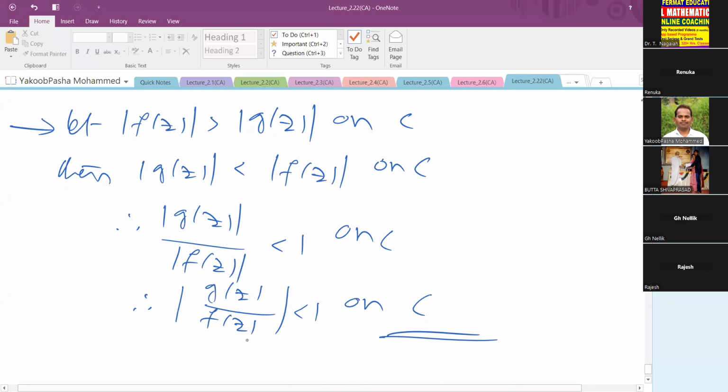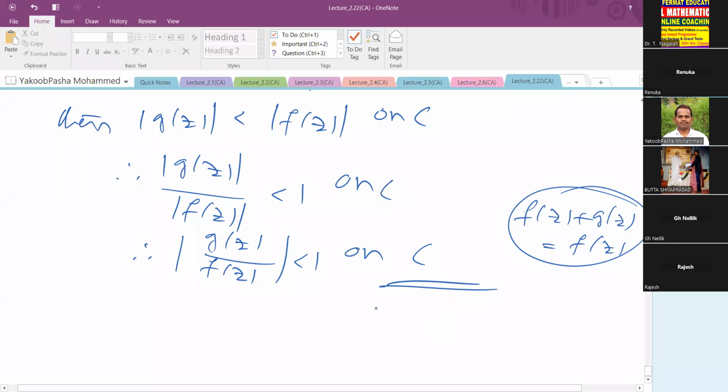Modulus of g of z by f of z is less than 1, or otherwise the other condition is modulus of f of z by g of z is less than 1. In the first case, we say that the number of zeros of f of z plus g of z is equal to the number of zeros of f of z. ఈ కేసులో ఓకే, ఇలా ఉందనుకోండి, modulus of f of z divided by g of z is less than 1 on C అయిందనుకోండి.